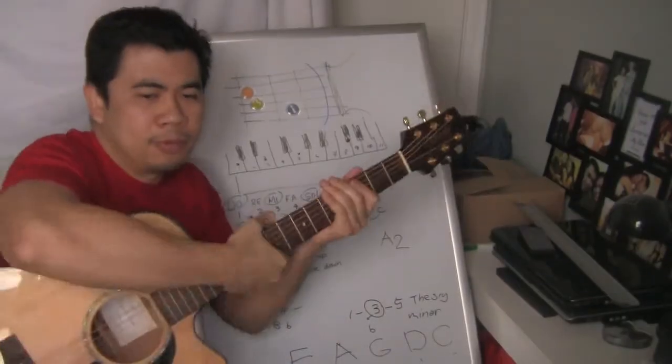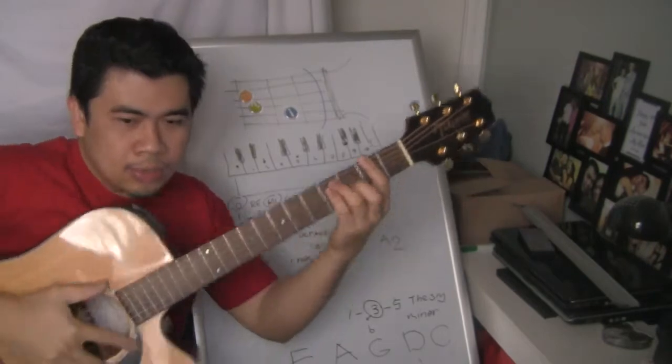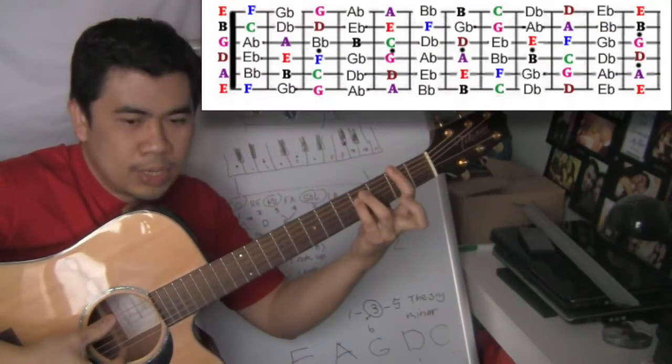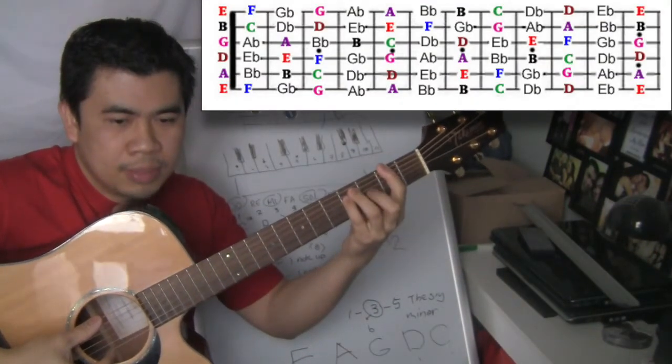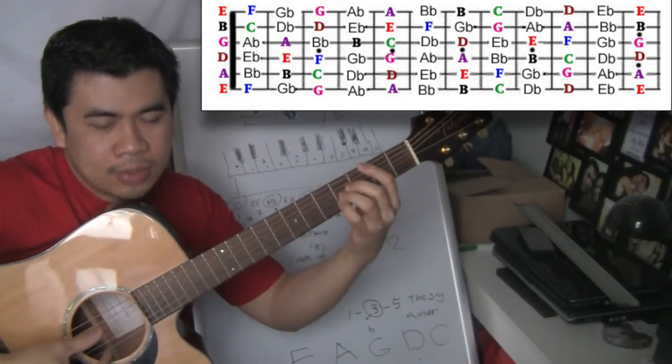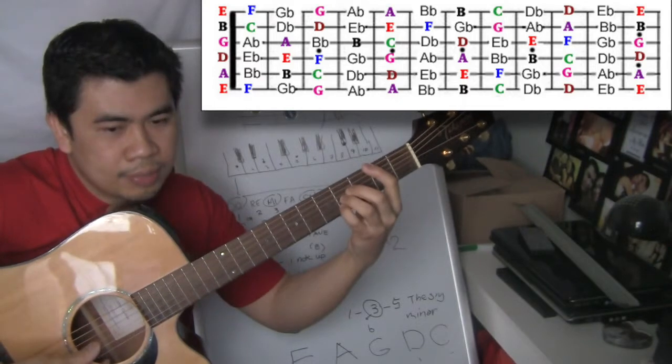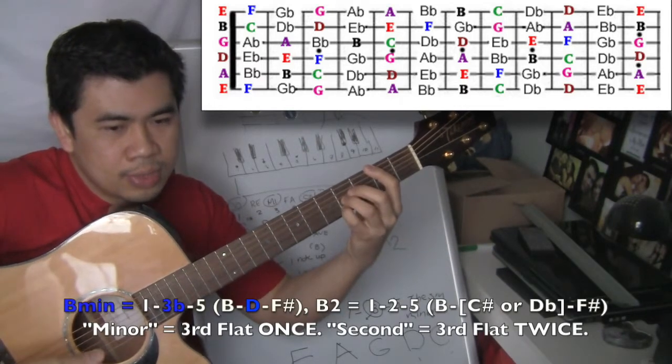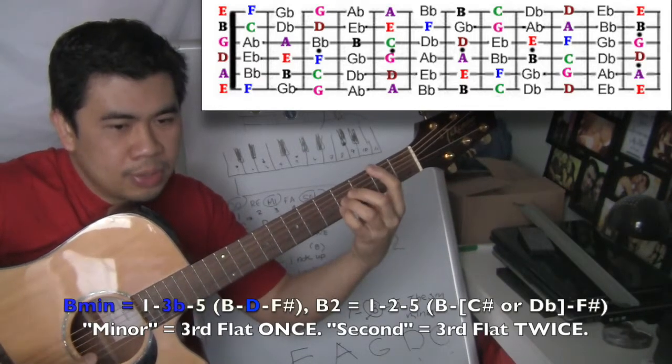In the clip form, the crucial for the F form is the middle finger, and for the B form, the crucial is the last finger, because this is the third note. There's a lot of things that happen in the third.